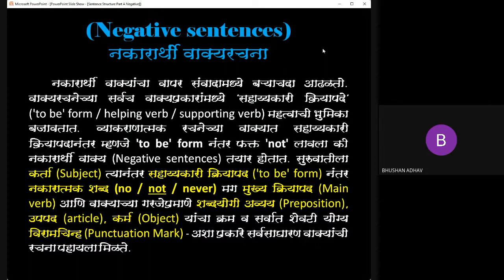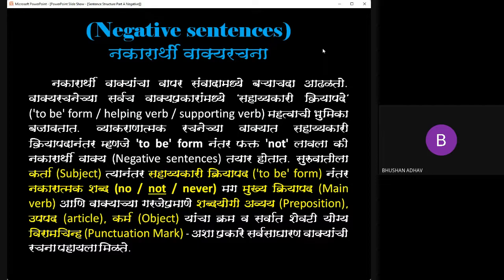We have to add some words, the words which will bring negativity in a sentence. So, to bring negativity, you have to add no, not, and never. That's it.